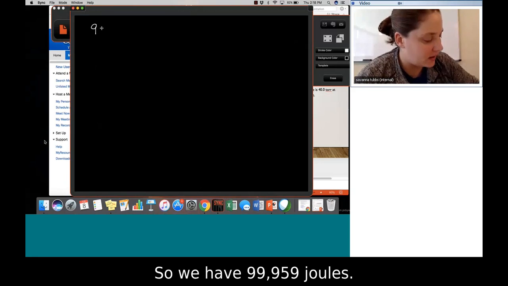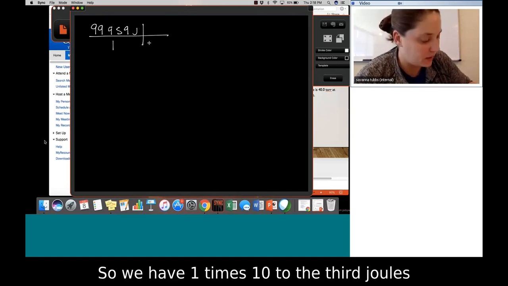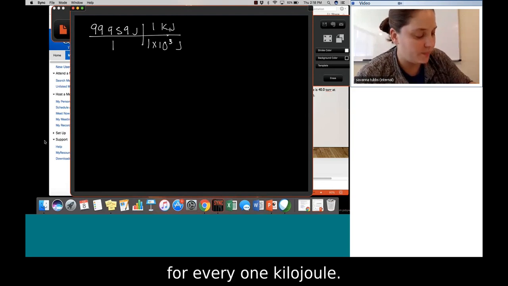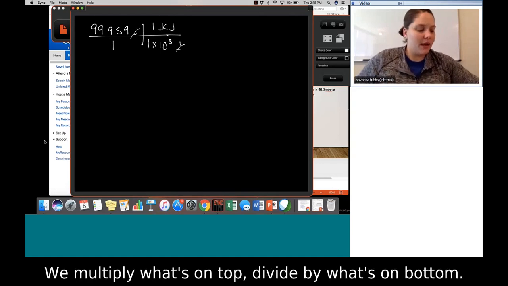So we have 99,959 joules, and because our joules are on top, our joules will be on bottom here. So we have 1 times 10 to the 3rd joules for every 1 kilojoule. So our joules cancel out. We multiply what's on top, divide by what's on bottom.